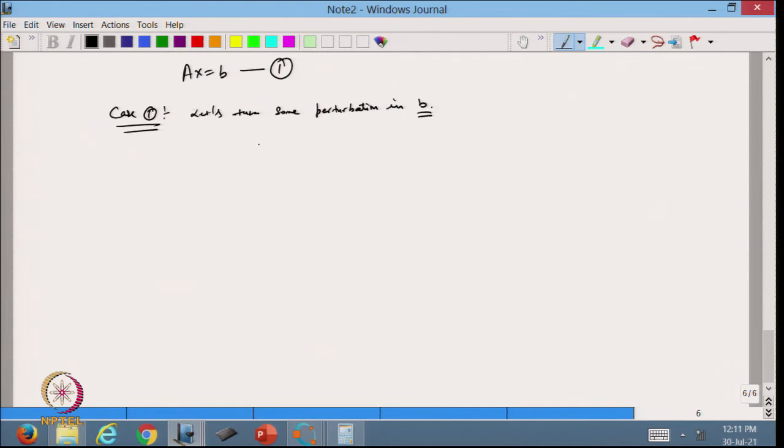Now, let B change to B plus k, where k is a small perturbation.